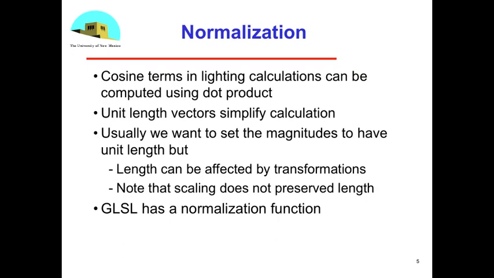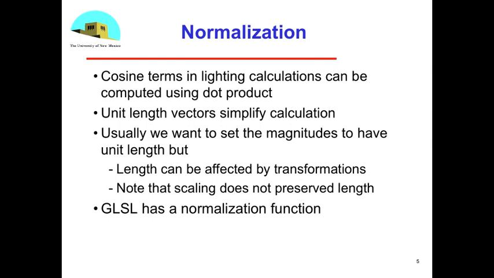Now, we also said when we derived the models that we wanted things to be normalized, and so we'll use a normalization function both within GLSL, and also there's one, as you'll see, within MVJS. We've said that if you normalize early for most applications, the further calculations will be simplified because things are already normalized.